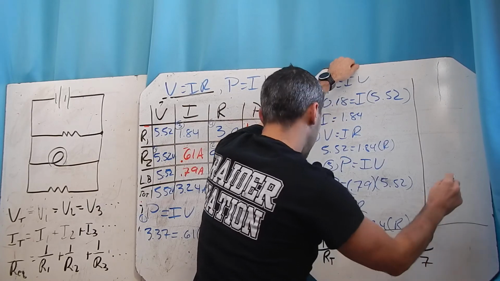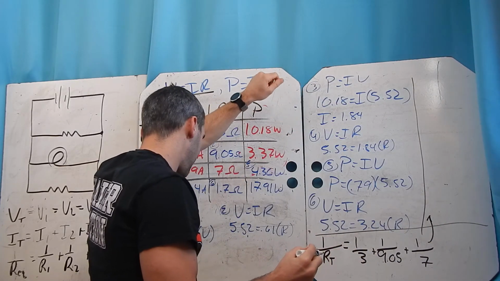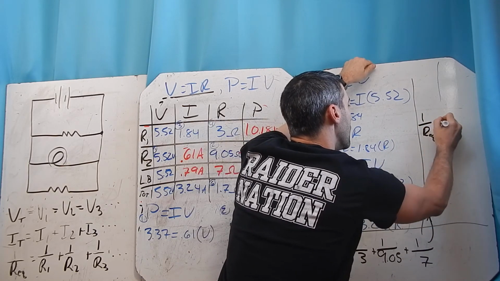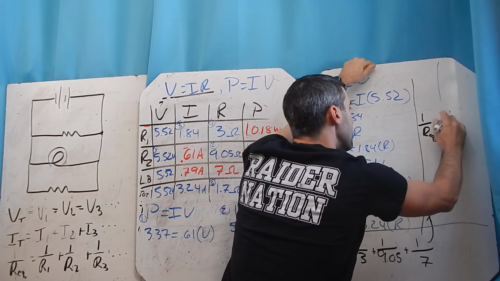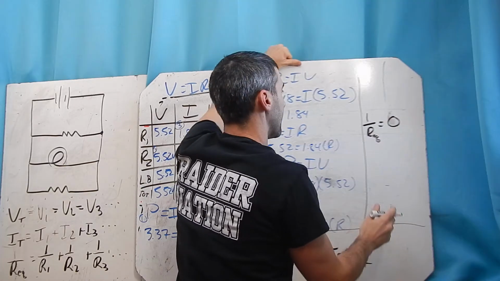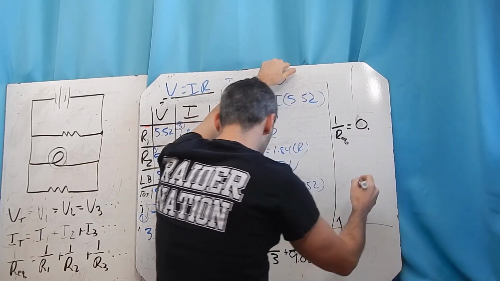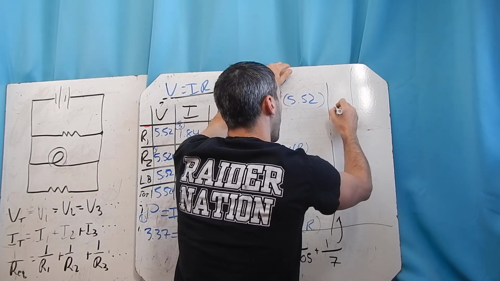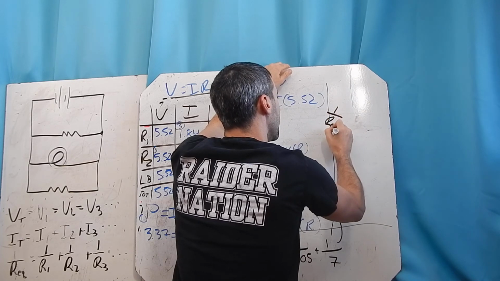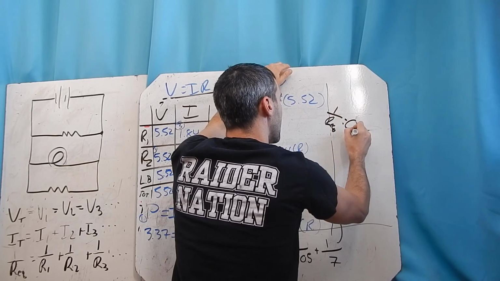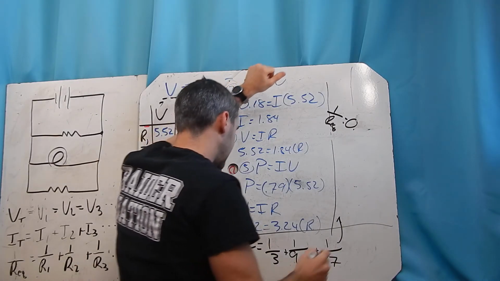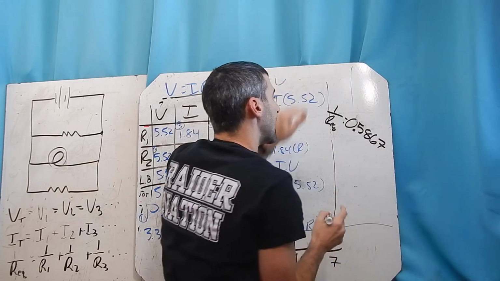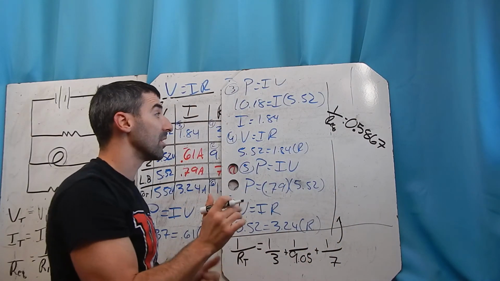Now that equals, and this is where students tend to make a little bit of a mistake. That equals 0.5867. So 1 over REQ equals 0.5867. We're not done. We need to take the reciprocal of both sides.